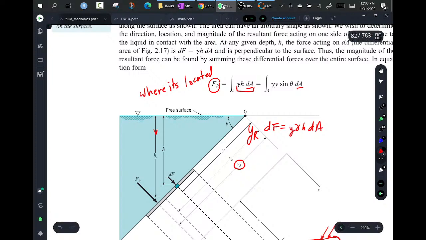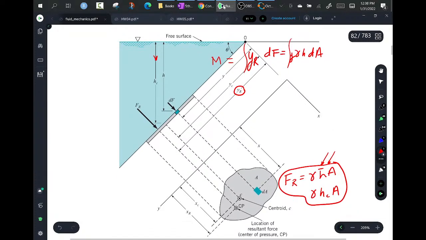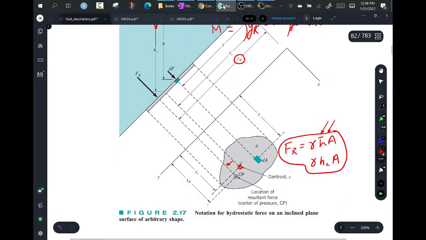Then I'd have to put a y here. And then I can integrate. What you end up with is going to find the resultant moment. And then you work your way through it, and you can find the distance, how far below the centroid is the location of the resulting force, or the center of pressure, as he calls it.